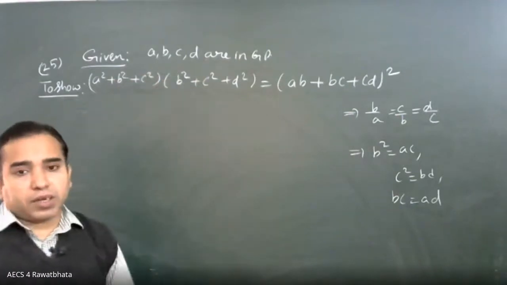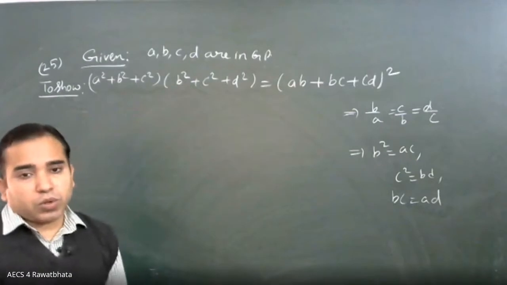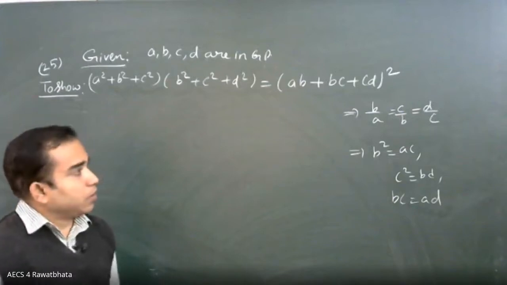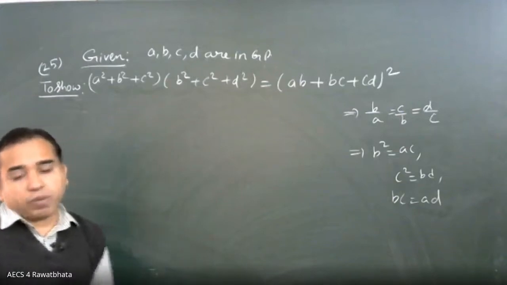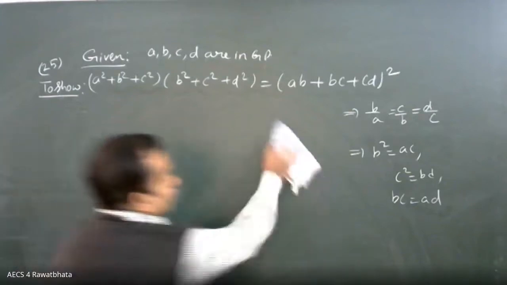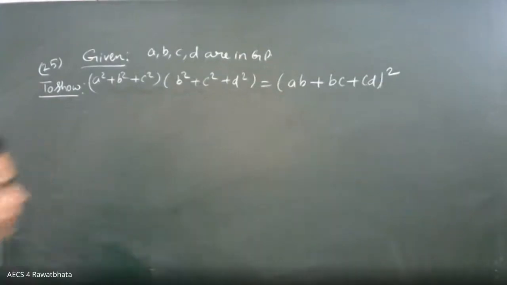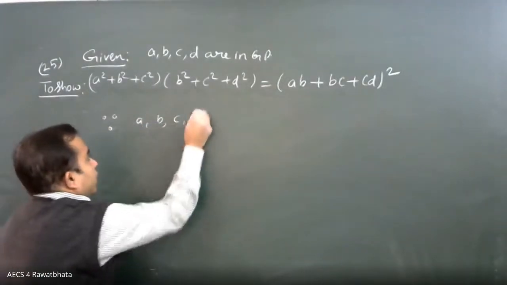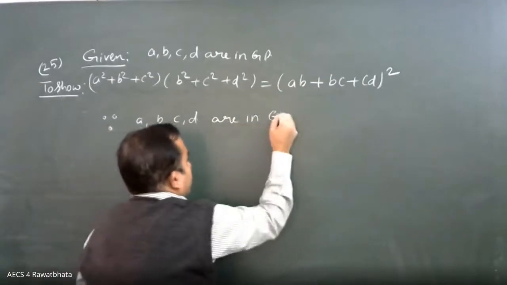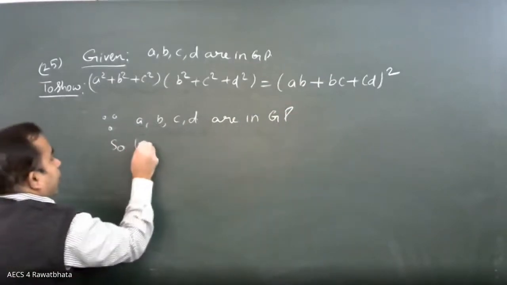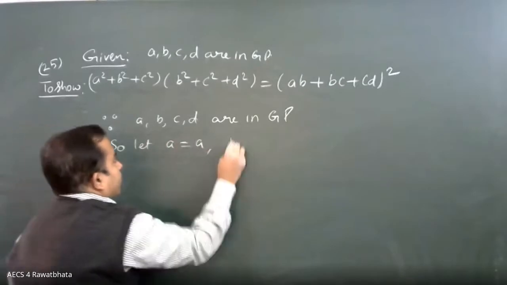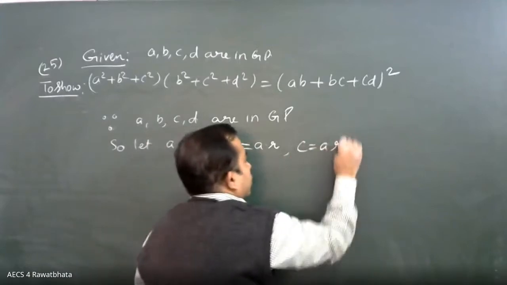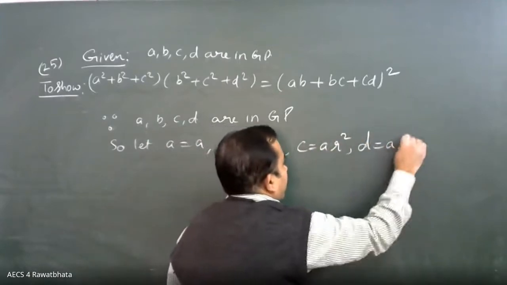That brought the solution fast. So I am starting with the second method. As for your suggestions and views, you think about which one will be better. I am going to assume 4 numbers are given in GP. So let me take, since A, B, C, D are in GP, let A is A, but B is equal to A into something R, C is equal to AR square, and D is equal to AR cube.